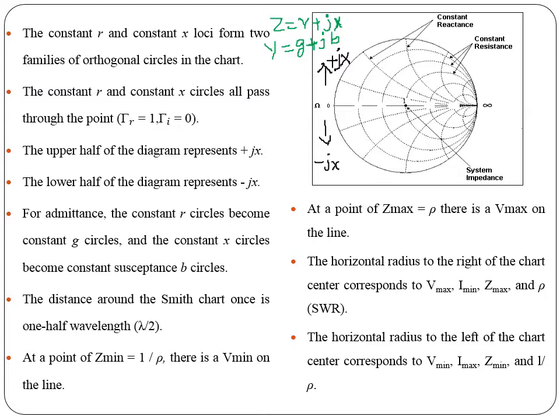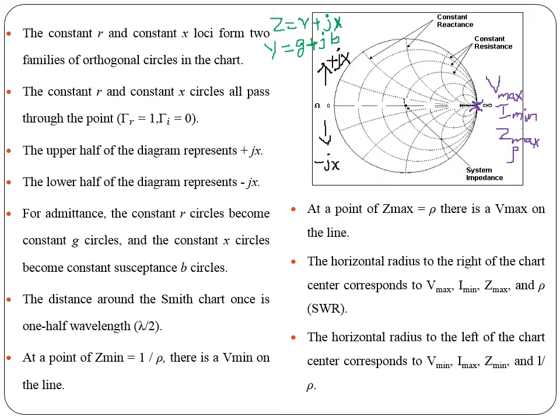The horizontal radius to the right of the chart center corresponds to Vmax, I minimum, Zmax and standing wave ratio.